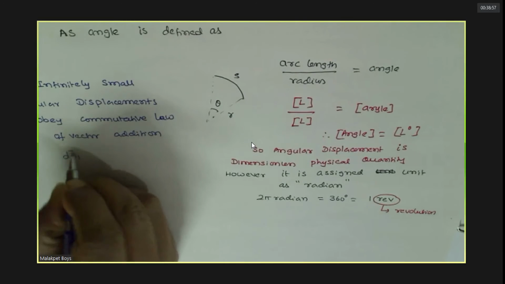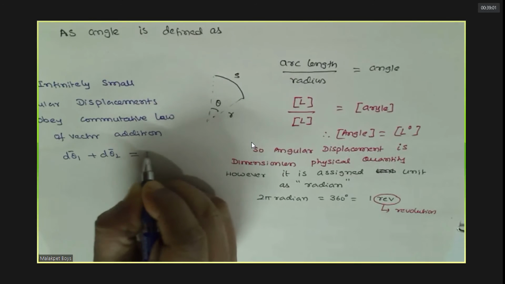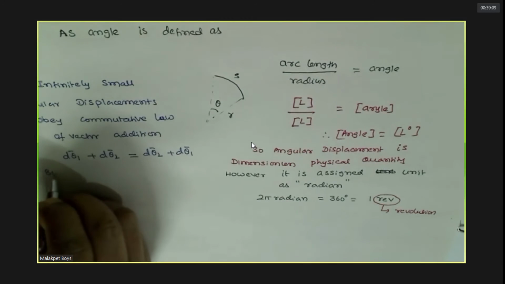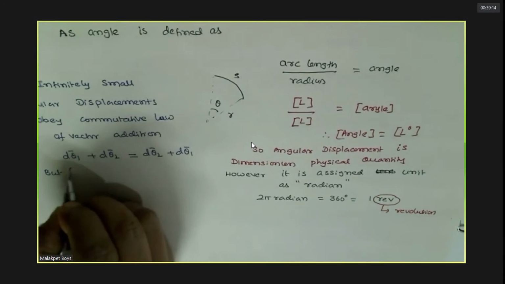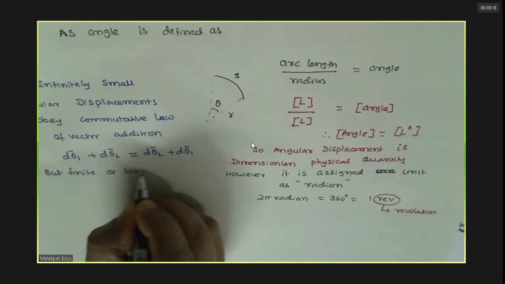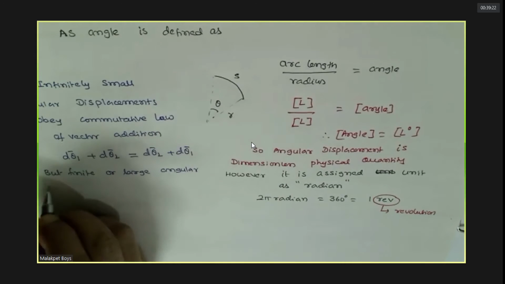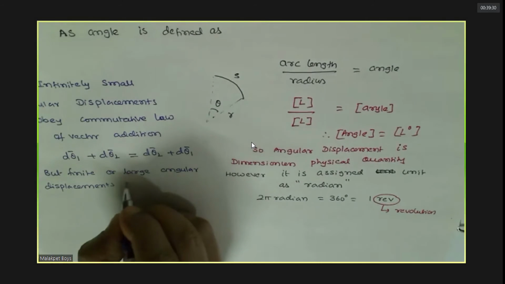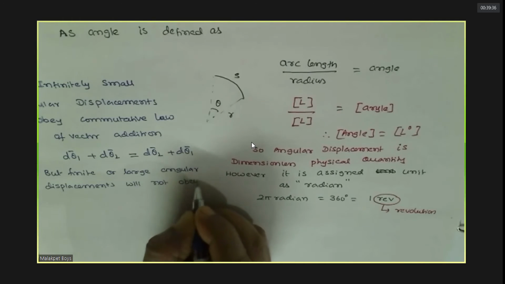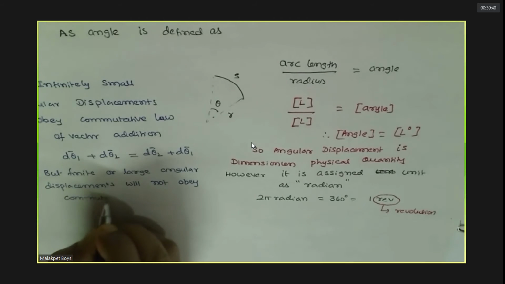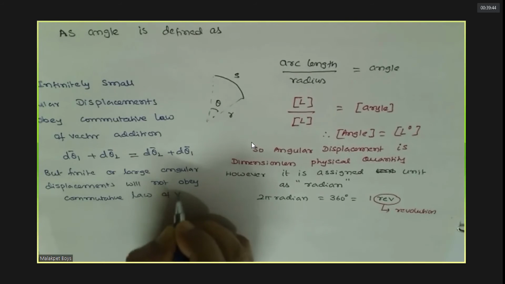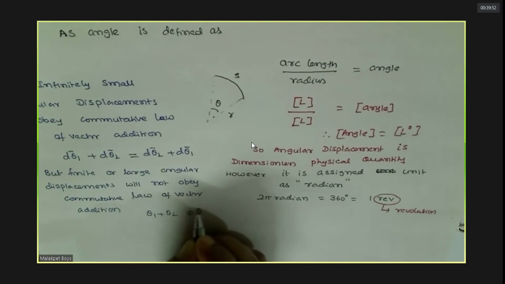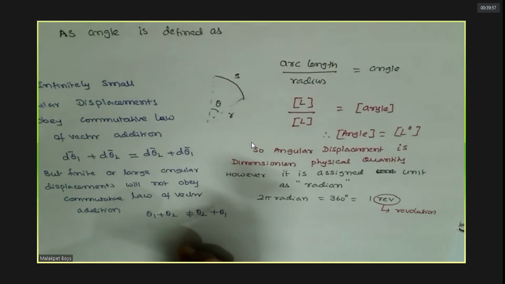That means d theta 1 plus d theta 2 is equal to d theta 2 plus d theta 1. But for large angles, theta 1 plus theta 2 is not equal to theta 2 plus theta 1. Understood this? Clear?